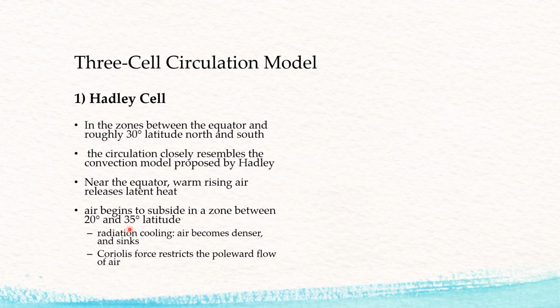So again, that's one of the reasons why the air sinks: the Coriolis force restricts the poleward flow and deflects it into the west to east flow. This causes, in general, a pileup of air, or convergence aloft, which results in subsidence, in sinking.